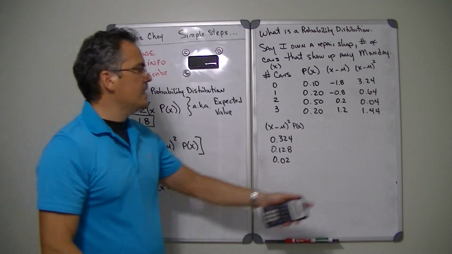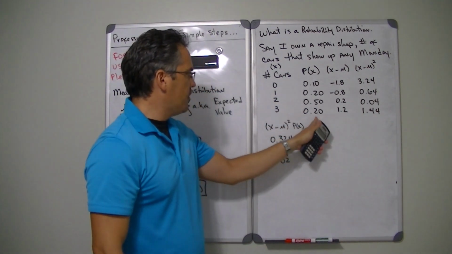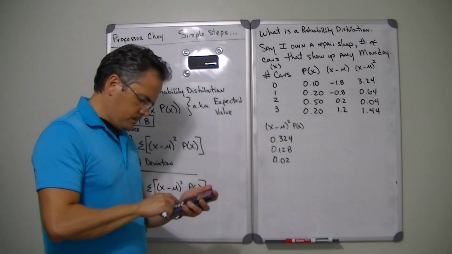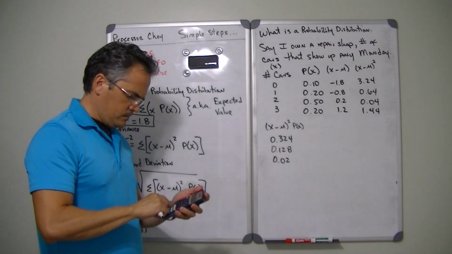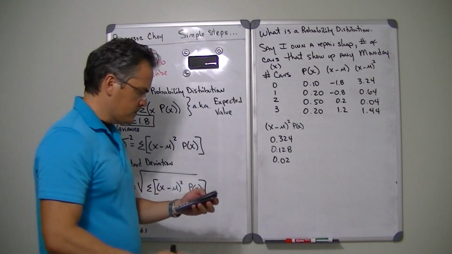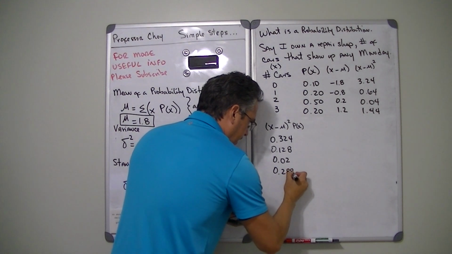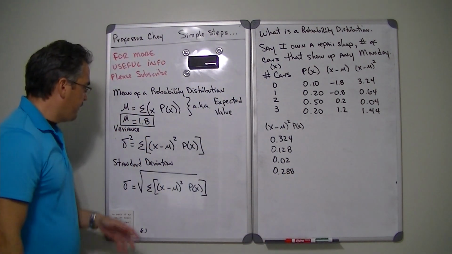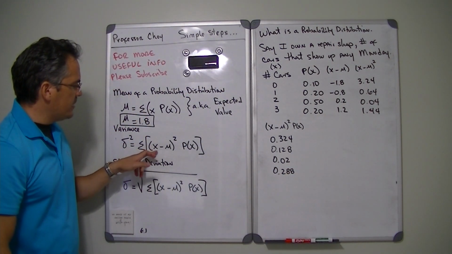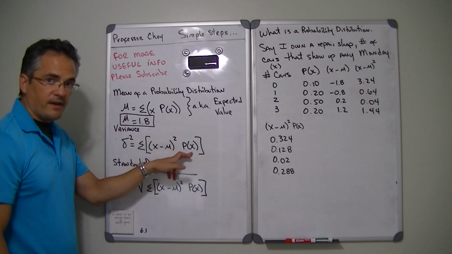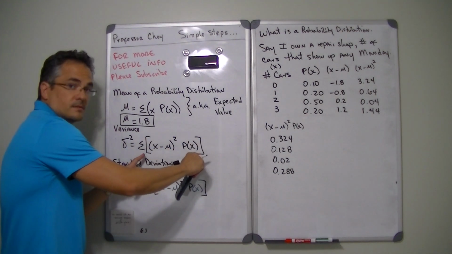And then I'm going to take 1.44 and multiply times 0.2. And I get 0.288. Alright, so if you look at the formula, I've basically done the x minus mu squared times p of x, so I've already done all of this.